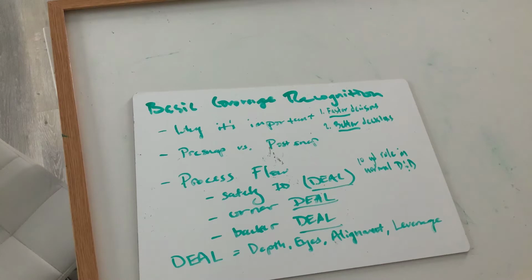So again, this is going to be the basic coverage recognition portion. So you have to have a solid foundation and understanding of what's going on defensively here. This is probably meant more for middle school level kids that are probably more advanced as quarterbacks.